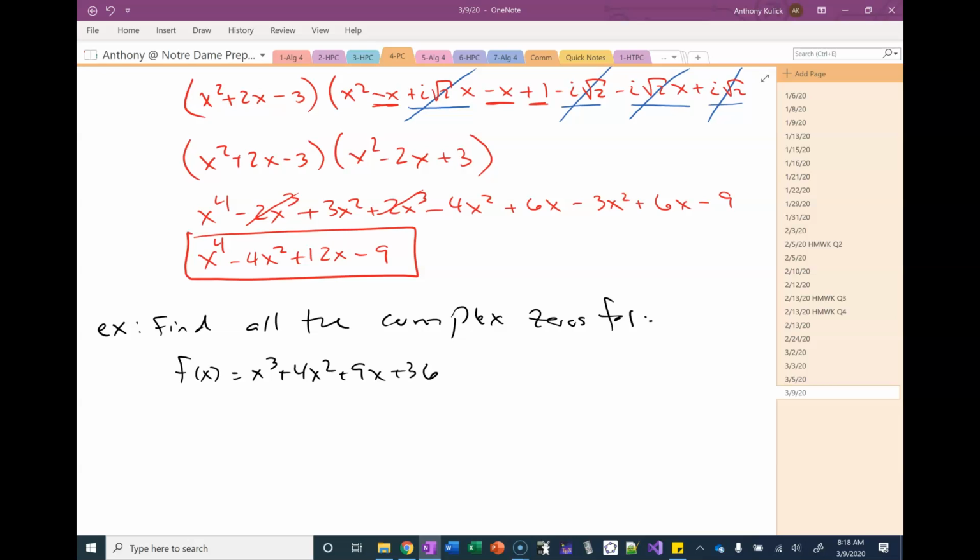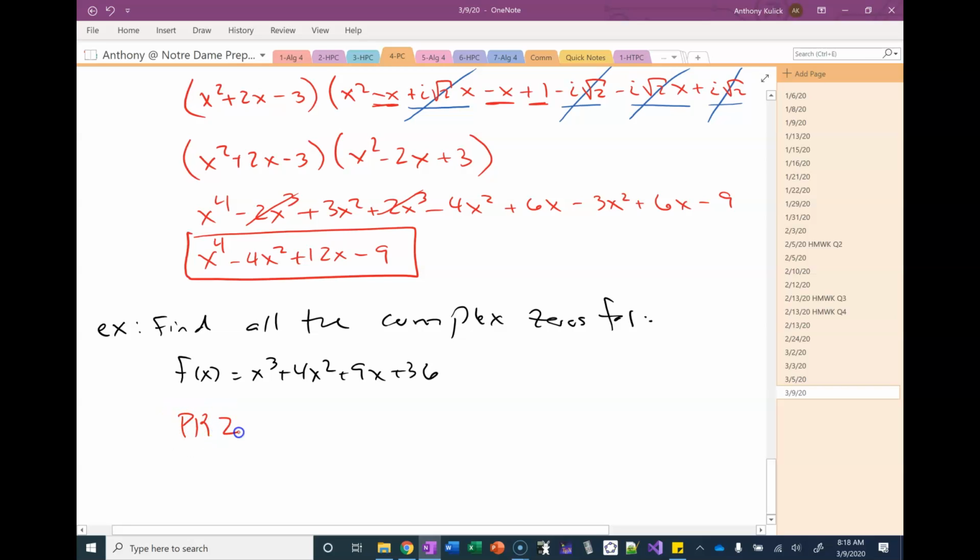Okay. So if I want to find all the complex zeros for the polynomial x cubed plus 4x squared plus 9x plus 36, one way I could do this is I could try to use my synthetic division techniques on this.